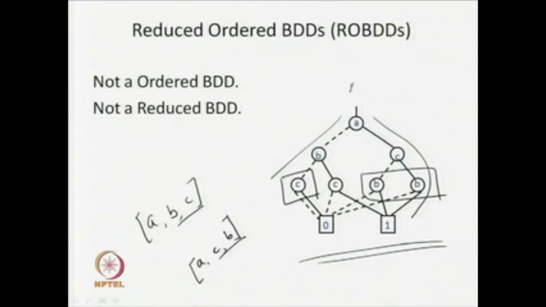In this case, B equal to 1 evaluates to 1, B equal to 1 evaluates to 1. That means, these are duplicate non-terminals, so these two non-terminals can be merged into one non-terminal. Since we can apply the reduction rules to this BDD, that is why it is not a reduced BDD. So, this is not ordered because we do not have the same order in every path, and it is not reduced either. This is a simple example that I am giving.